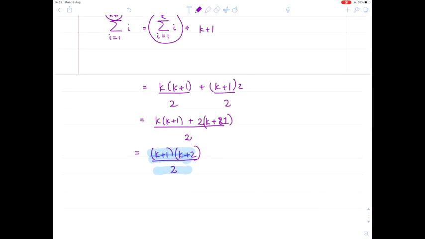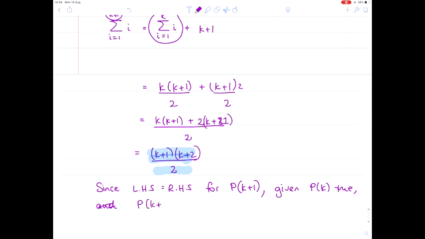So since we've shown that the left-hand side is equal to the right-hand side for Pk plus 1, given that Pk was true, we have that Pk plus 1 is true.